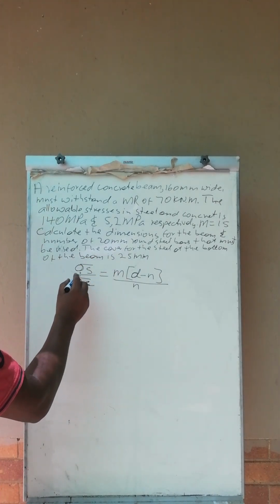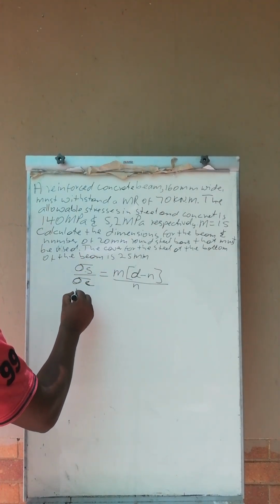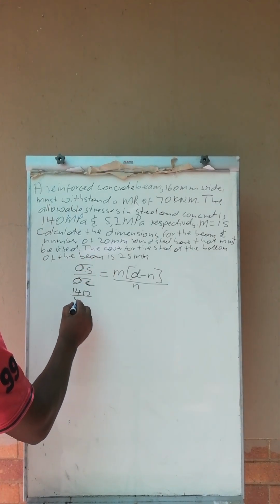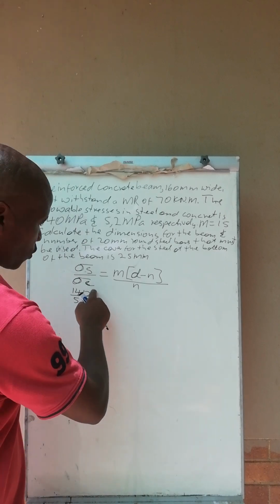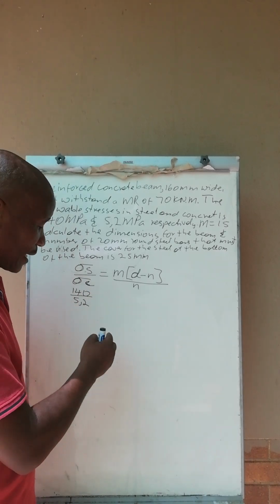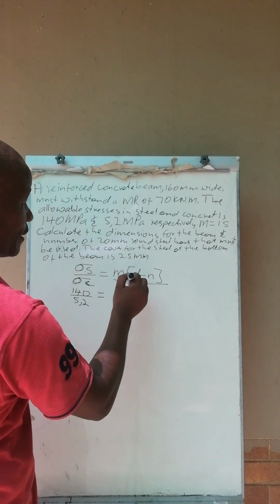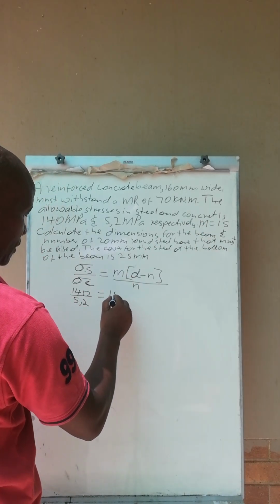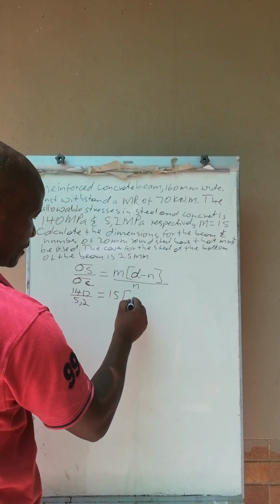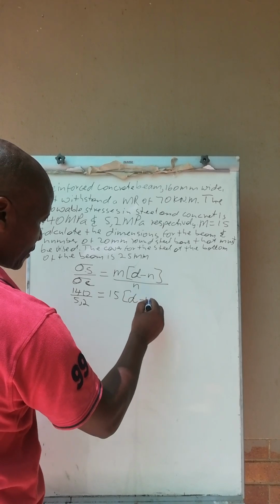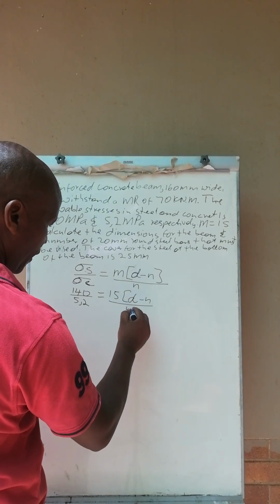But you are told that this is 140 over 5.2. I'm not going to put megapascals because it's a ratio, they cancel out. It equals what? The modular ratio is given as 15, times (d minus n) over n.